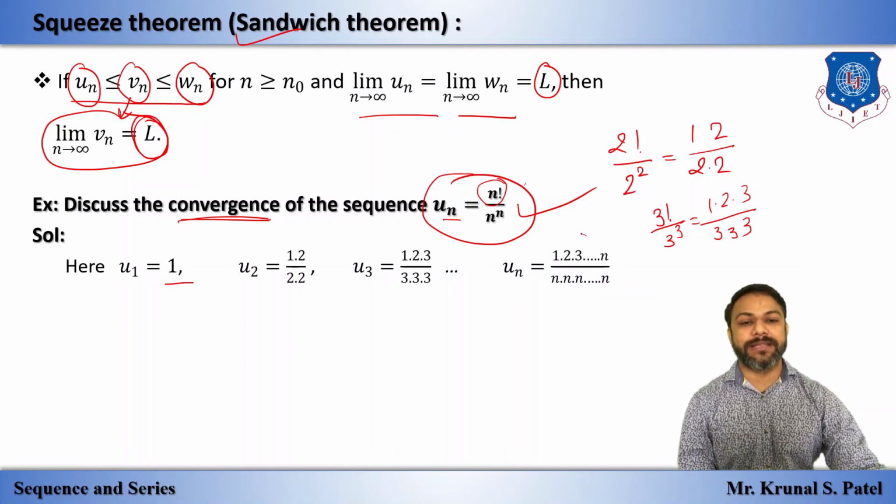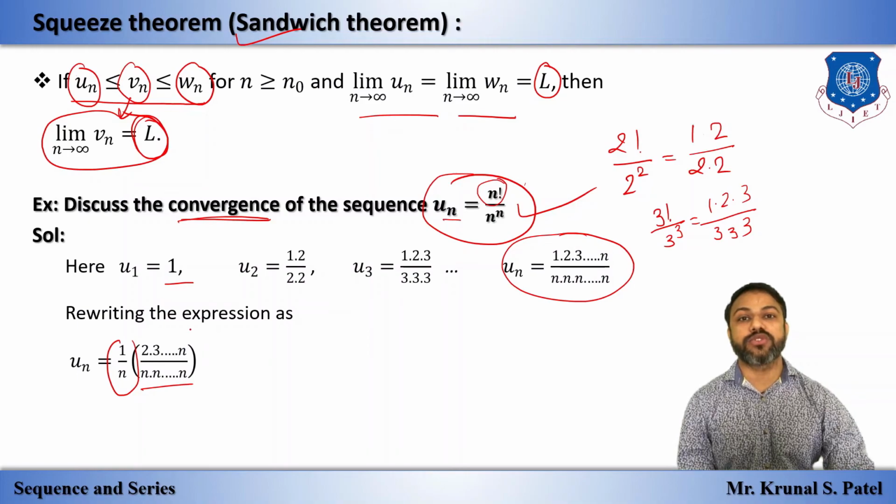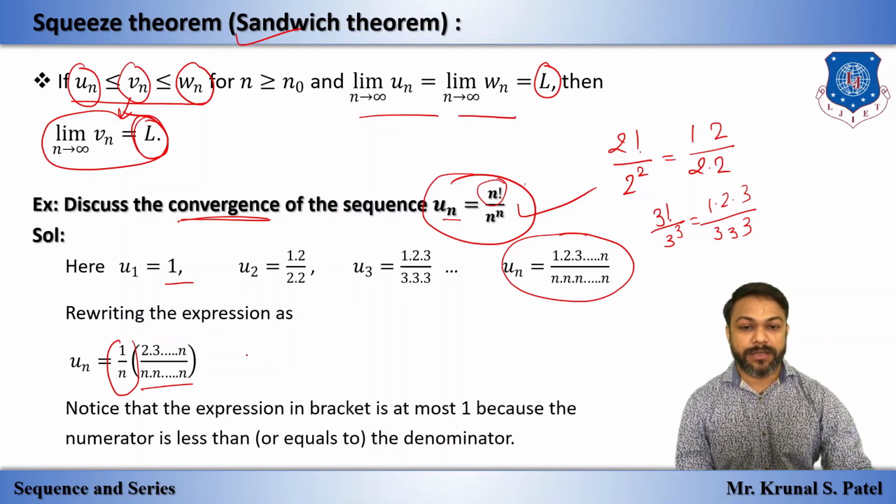Here we can write this nth term as 1 by n times this, and notice that the numerator is less than or equal to its denominator.